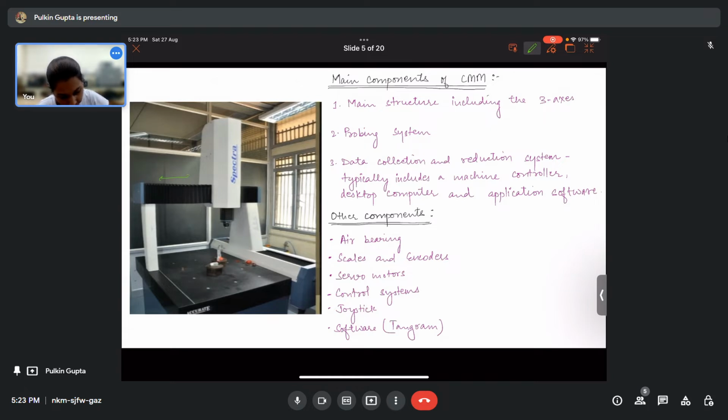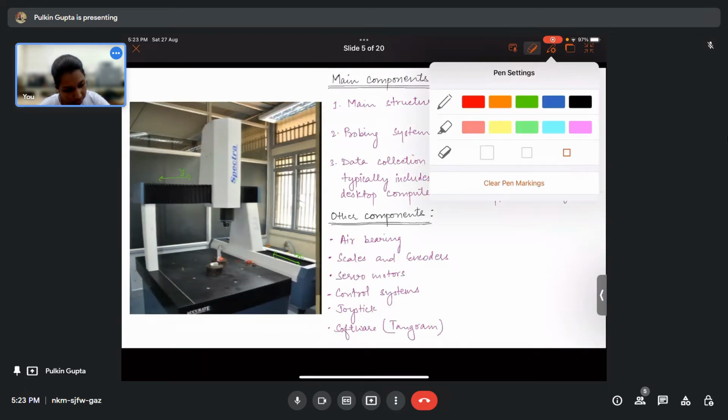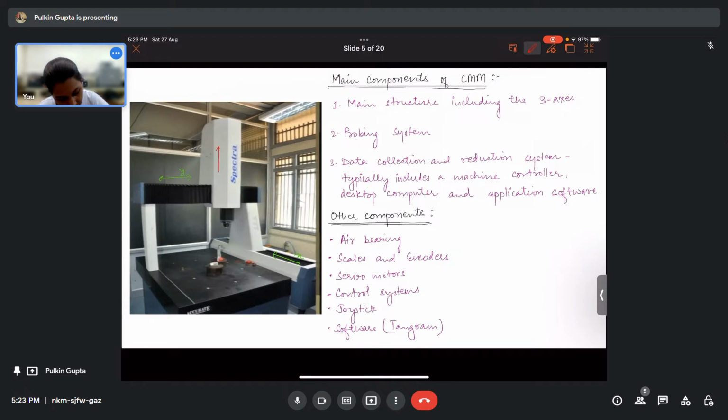So, this is your x, this is your y, and this is your z axis. Okay, now next is the probing system.